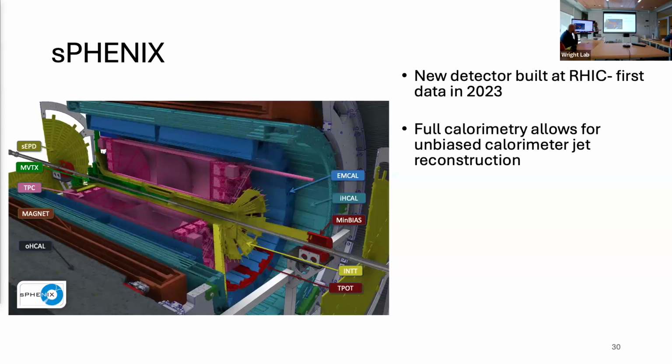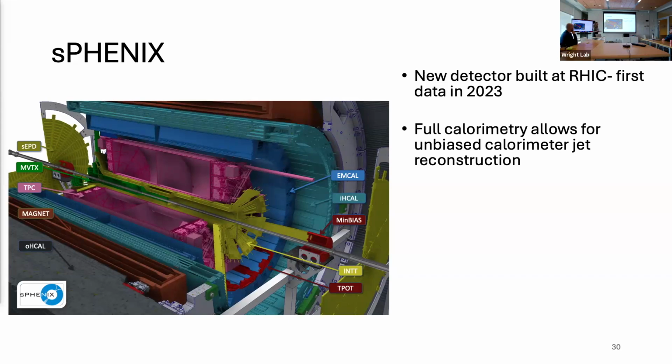It has an EM cal made of tungsten blocks with scintillating fibers inside of them. And then it has a two-part hadronic calorimeter, one that sits inside the magnet and one that sits outside of the magnet. These are scintillating plates and metal plates, sort of a sandwich.